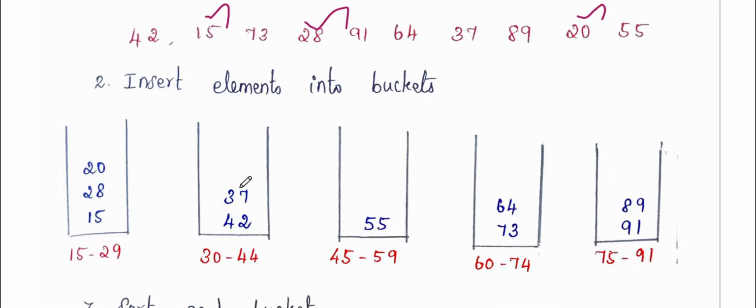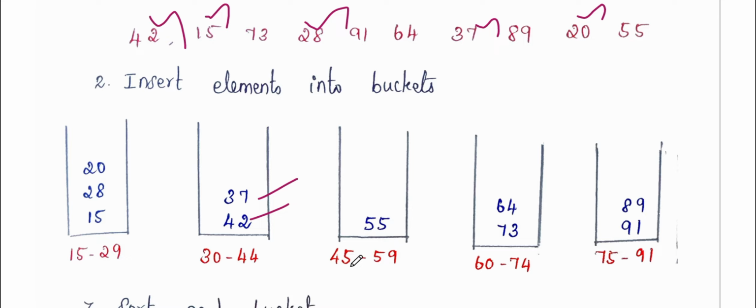Next I take the second bucket, starting from 30, so 30 to 44. We include 42 and 37 in this bucket.